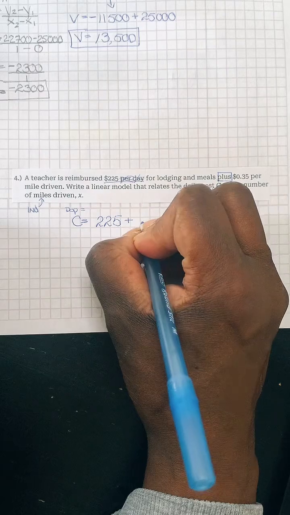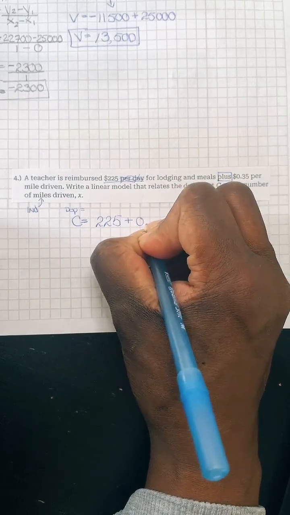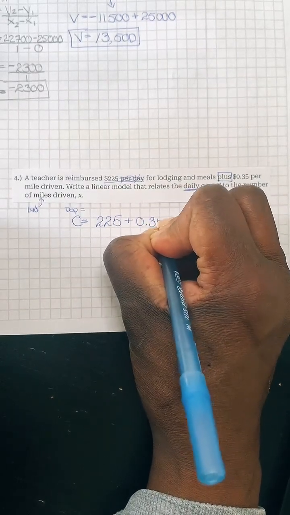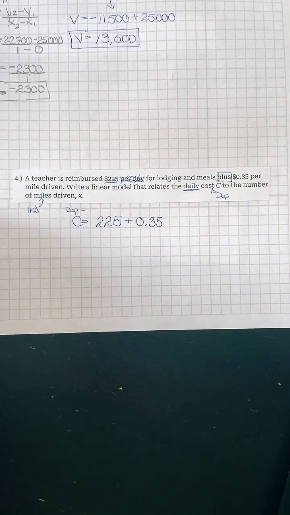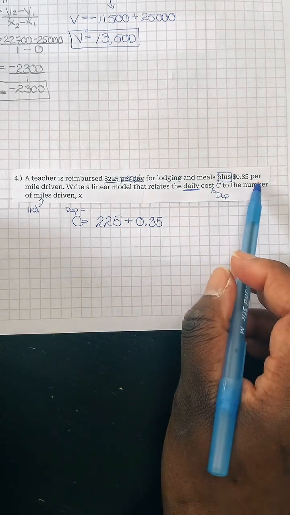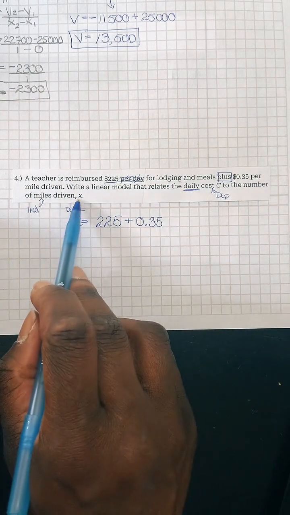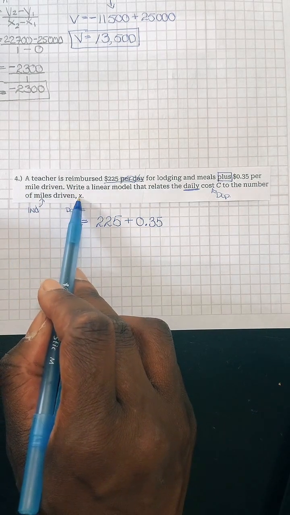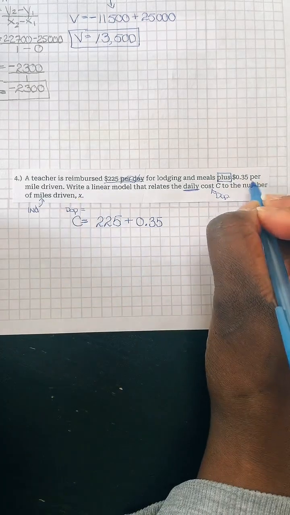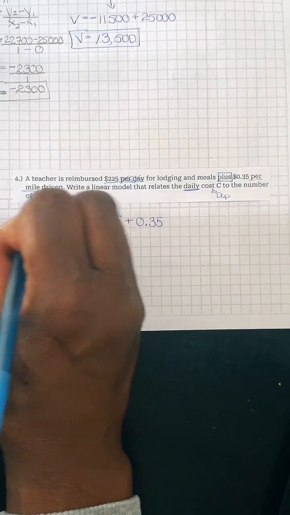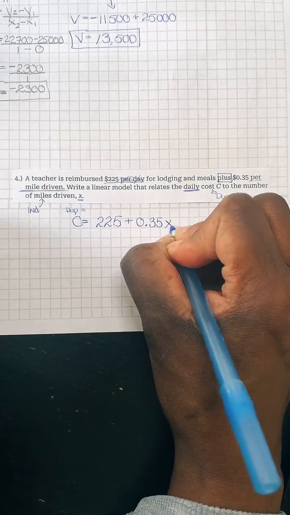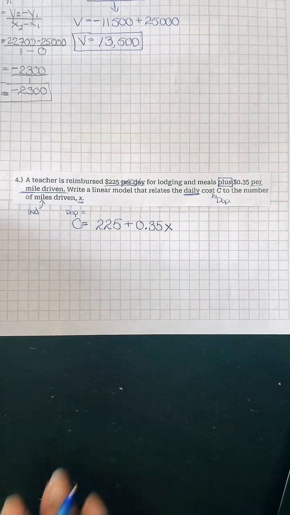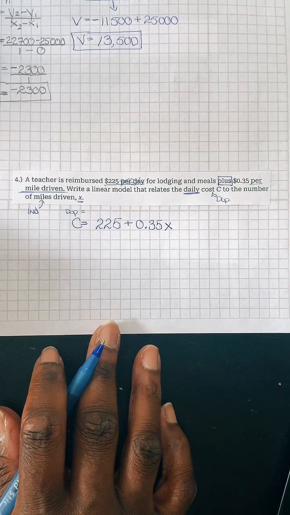We don't have to change it because it's already in decimal form. Like if it was a percent sign, then we would have done the change. Now per mile, and they want the miles to represent X. So when you see per mile driven, you're going to put an X.